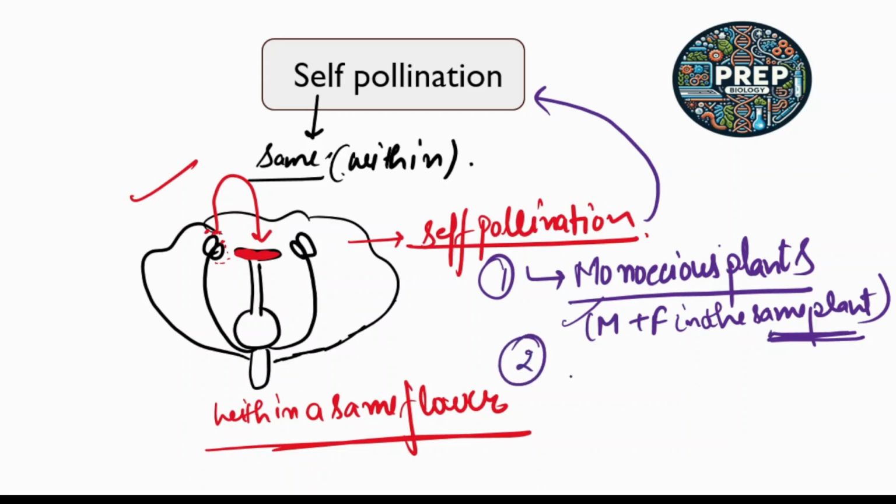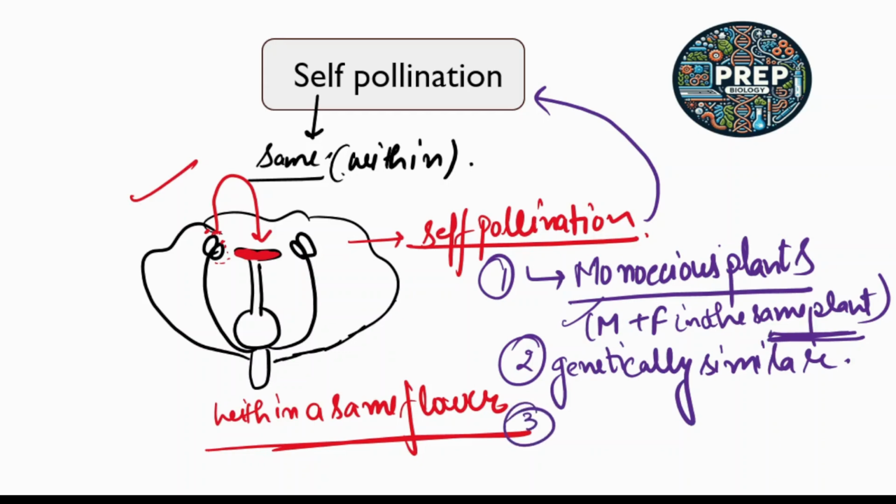Second condition is if the pollination occurs in the same plant, then the genetic material is also same. So it is genetically similar. Third feature is it does not require any pollinating agency.